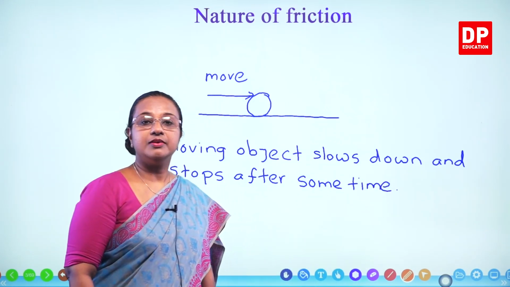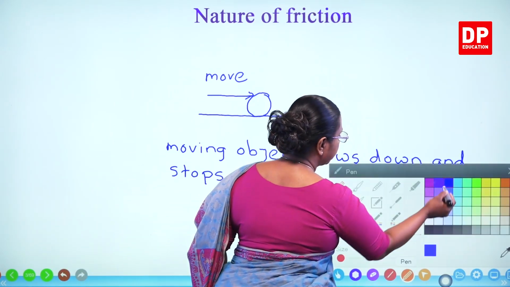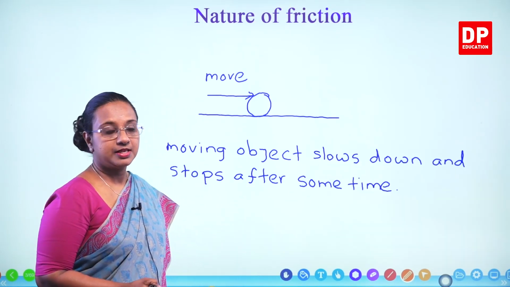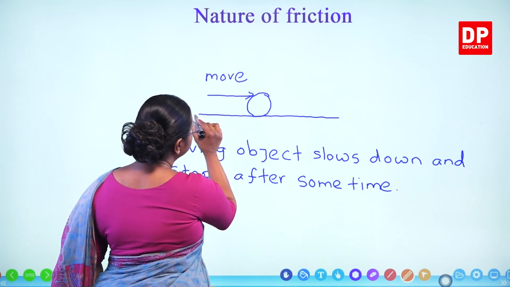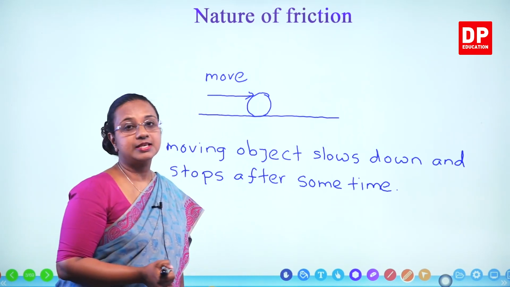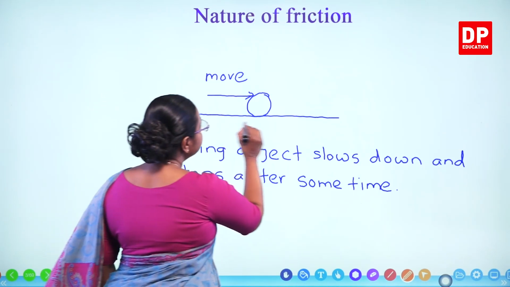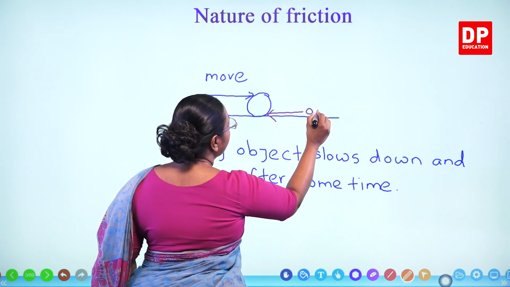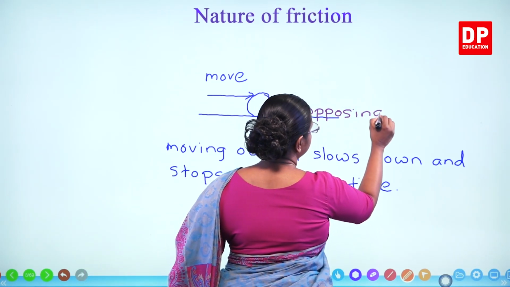What is the reason? Now, if you look at this diagram, the object is placed on a surface and there is contact between the surface of the object and this surface. And what happens is this surface always tries to oppose the motion of this object.